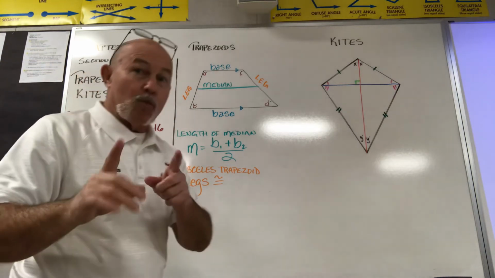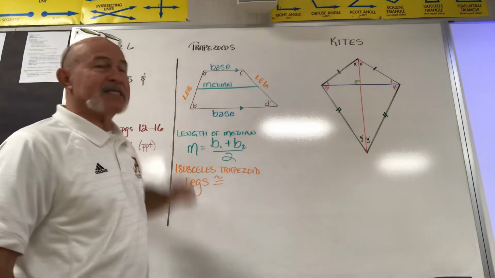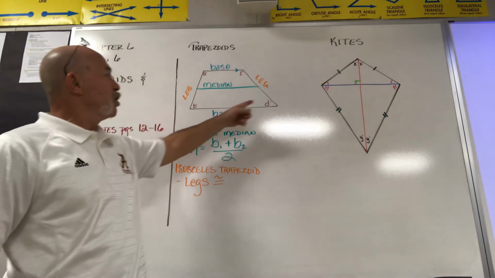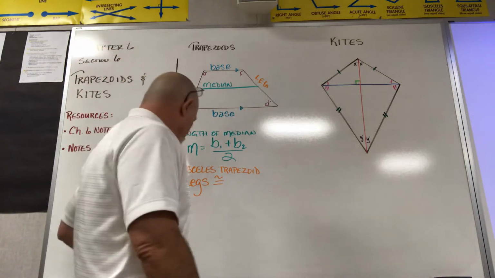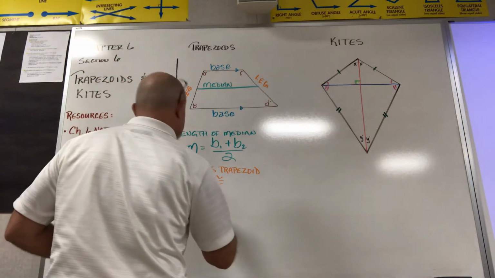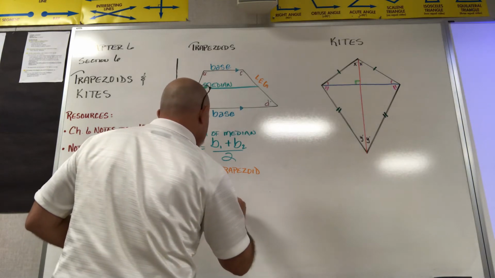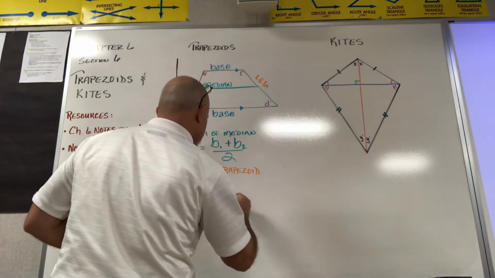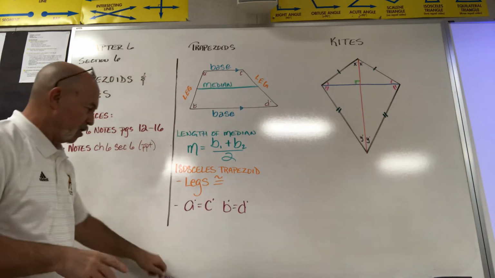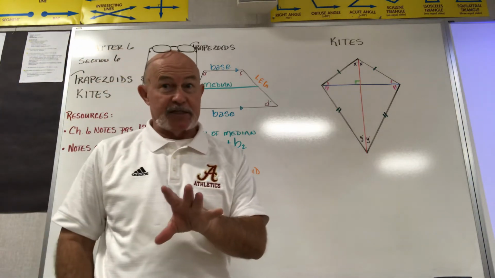And what that also tells us is that these two base angles are equal to each other, and these two base angles are equal to each other. So that's what happens if it's isosceles.